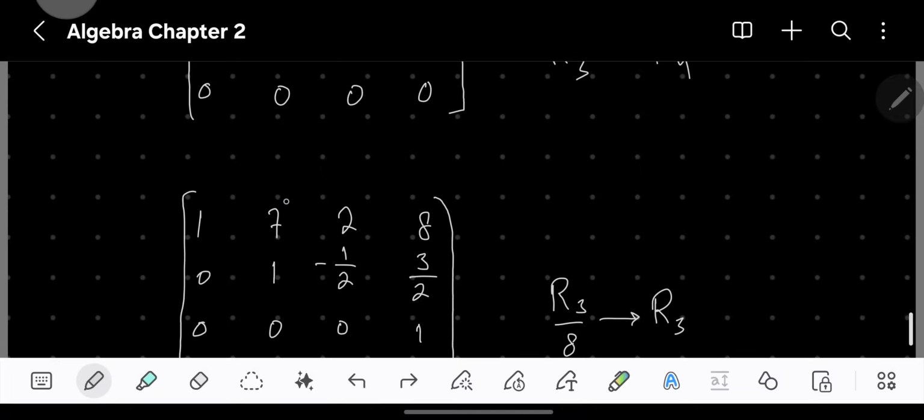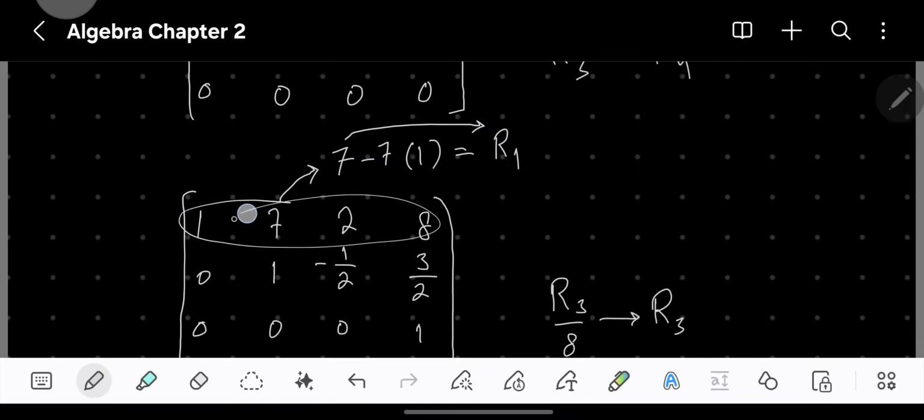How can I make this 0? If I write 7 minus something times the pivot entry, which is 1, the obvious answer is 7. This 7 refers to R1 because it is in R1, and this 7 is the scalar, and this 1 is coming from the pivot, and the pivot is in R2, so I will write R2.